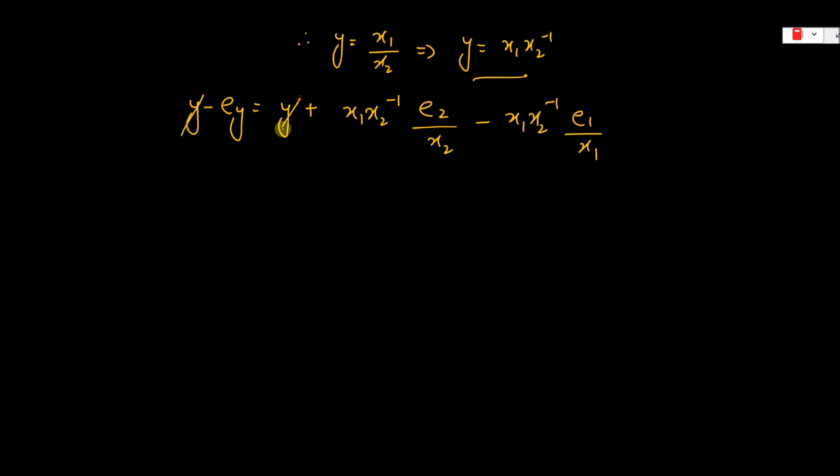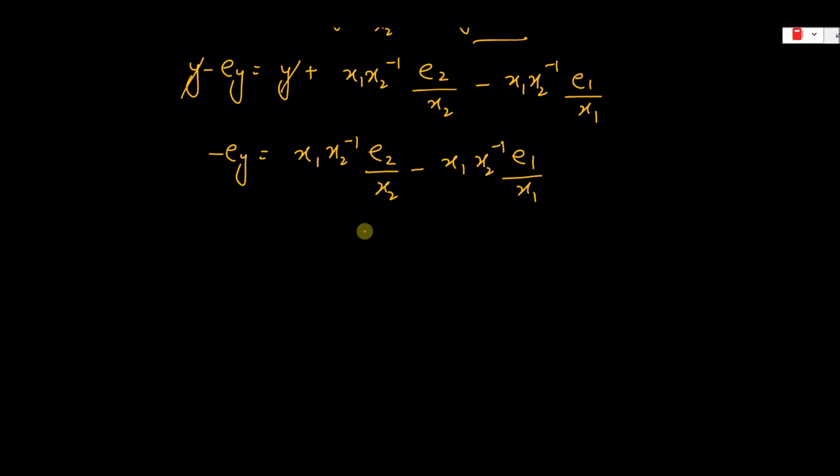So we will cancel this one with this one. So we are left with ey is equal to x1, x2 negative 1, e2 by x2, negative x1, x2 negative 1, and e1 by x1. So we are going to shift this x2 with a negative power to the denominator side to make it positive.